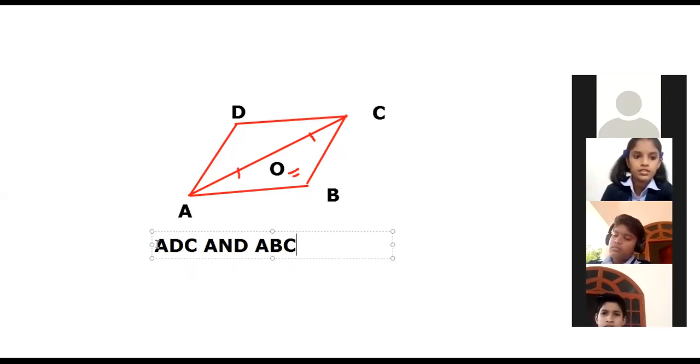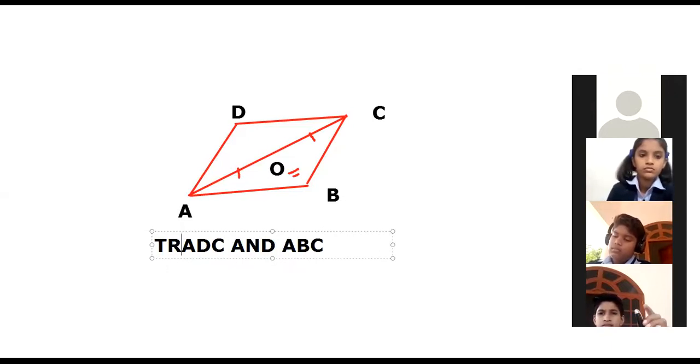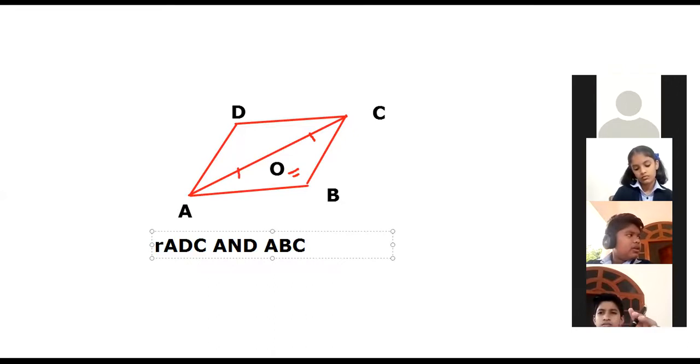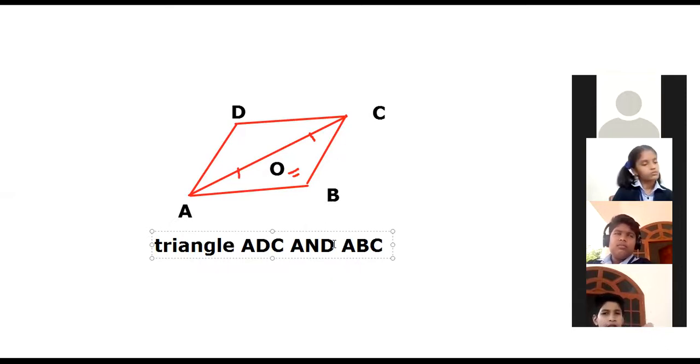Clear? When we draw that diagonal, we will get two triangles, triangle ADC and triangle ABC. Is that clear? Yes.